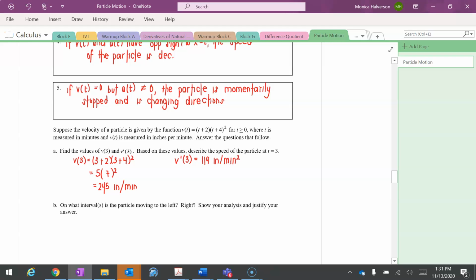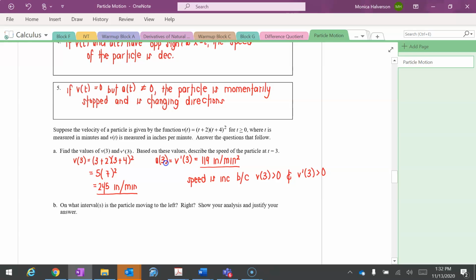So when it's asking about the speed of the particle, we need to determine whether it's increasing or decreasing. Well, the velocity is positive, the acceleration is positive, they both have the same sign, which therefore means the speed is increasing, because v prime 3 is greater than 0 and v of 3 is greater than 0. And remember, v prime 3 is equal to the acceleration.